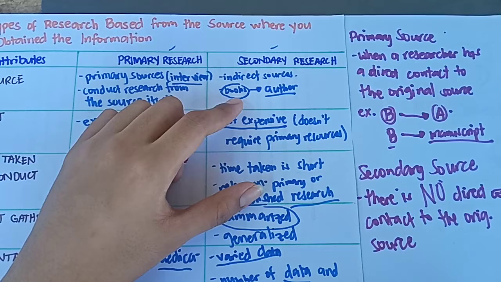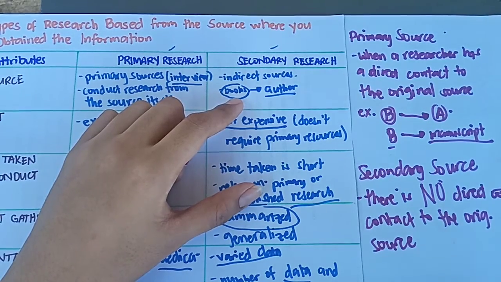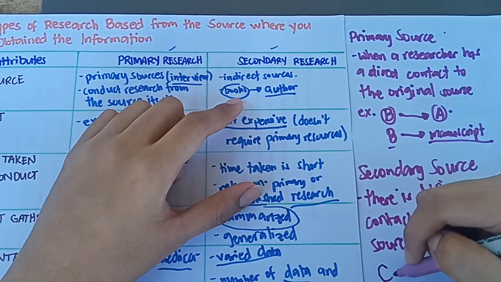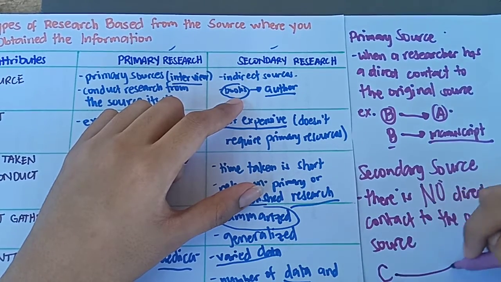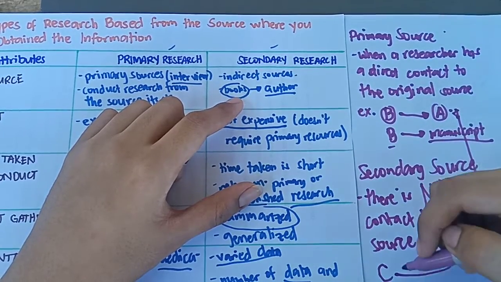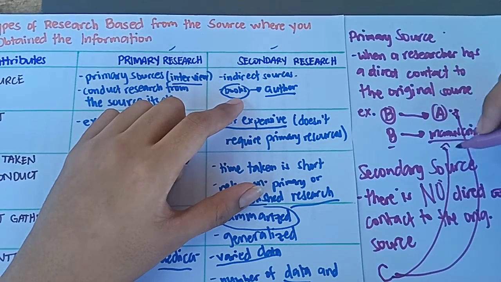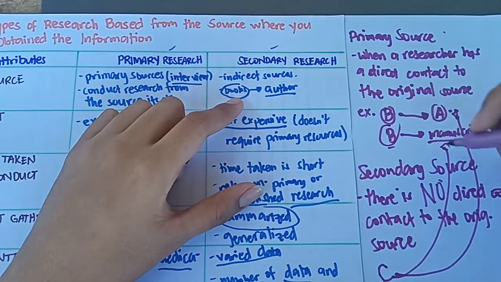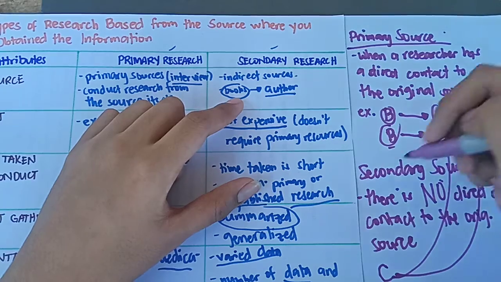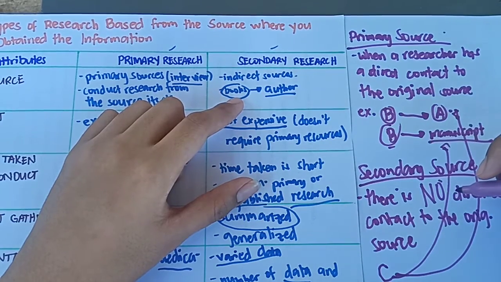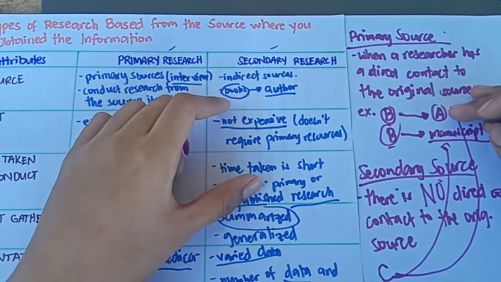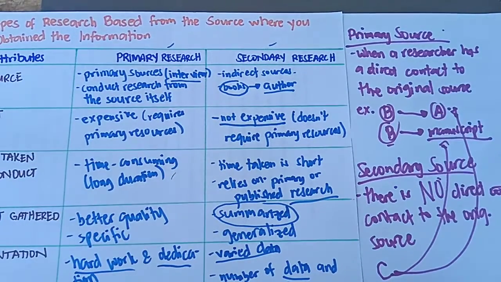So for example, let's say person C has no direct contact with person A, whom person B interviewed. So person C relied on the manuscript made by person B. So meaning to say, primary sources are the building blocks of secondary sources. So that is the main essence of the types of research based on the source where you obtain the information.